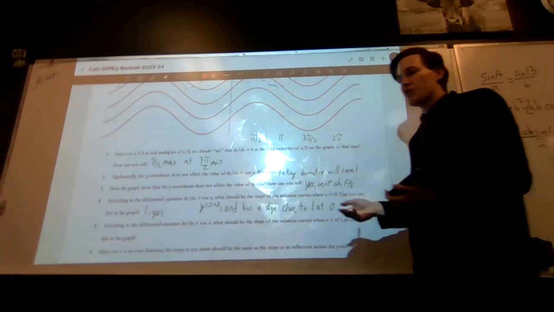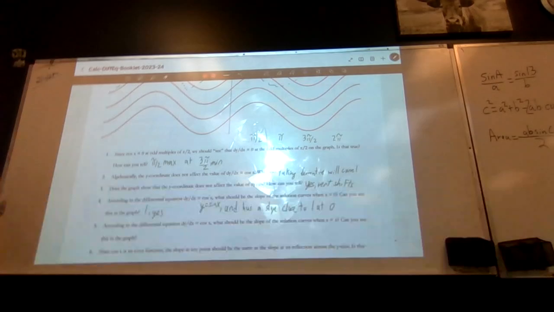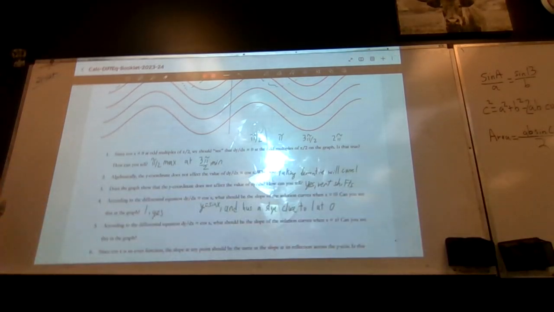We know that if dy over dx equals cosine x, y has to equal sine of x in some form, and the slope will always be about 1 right at 0.